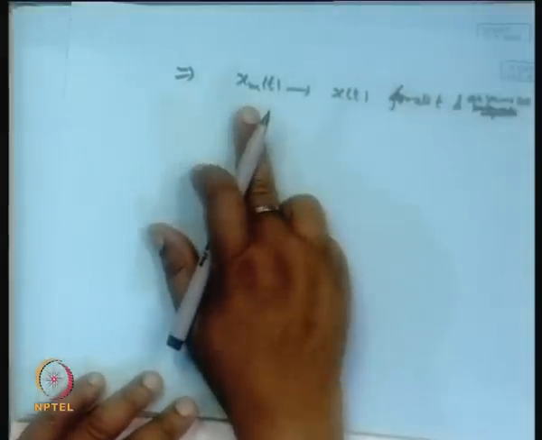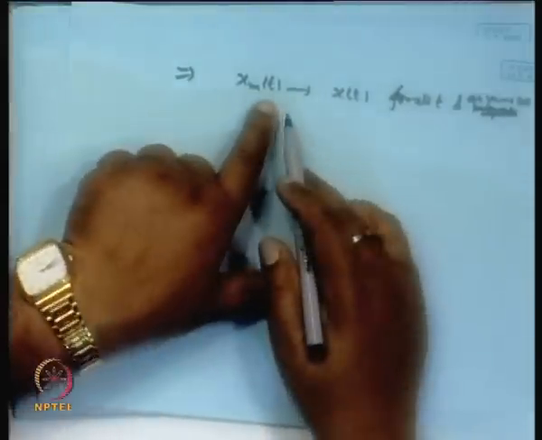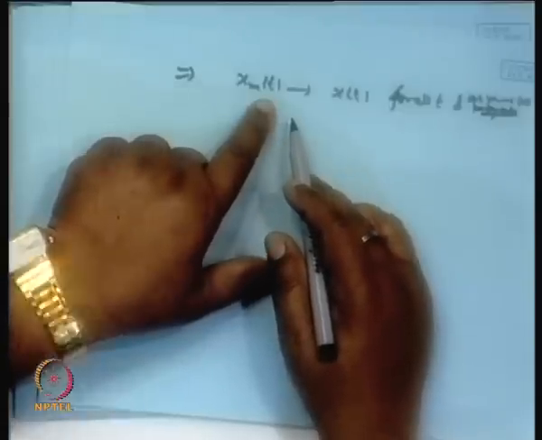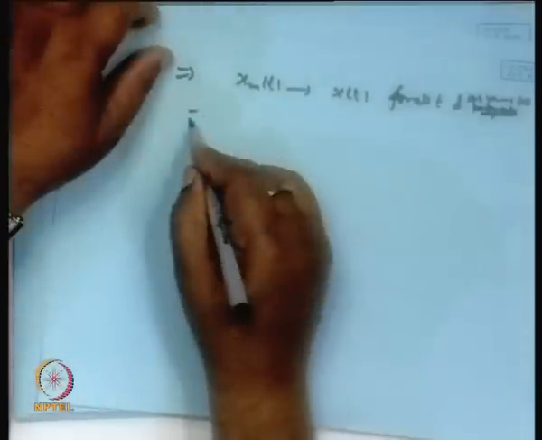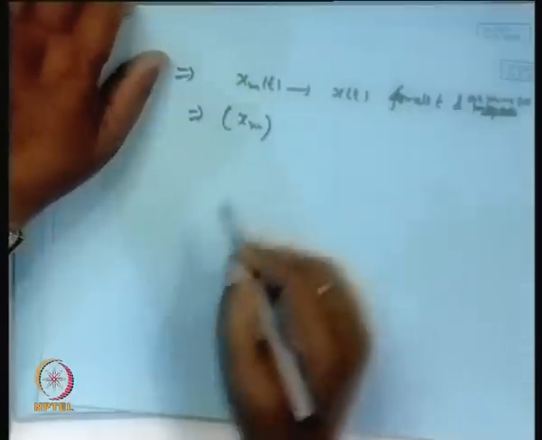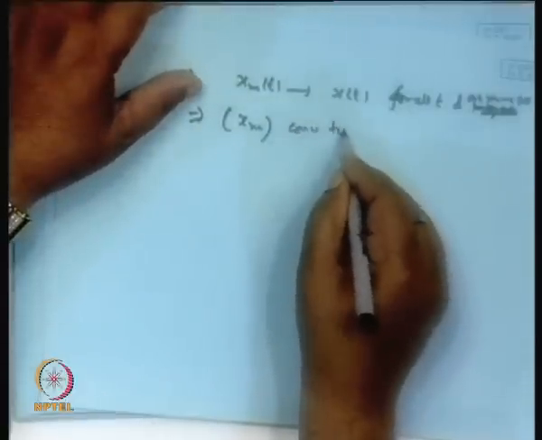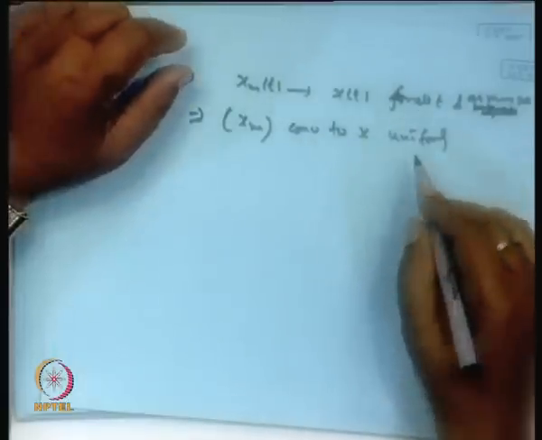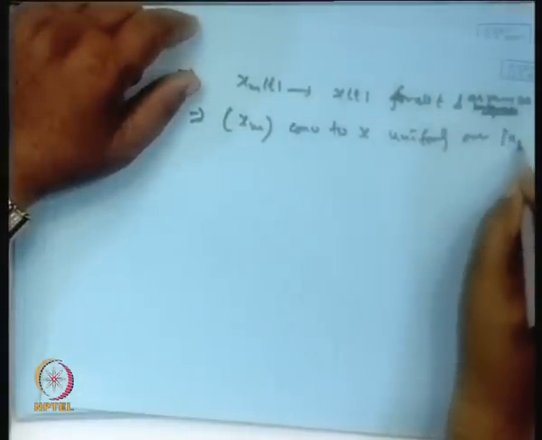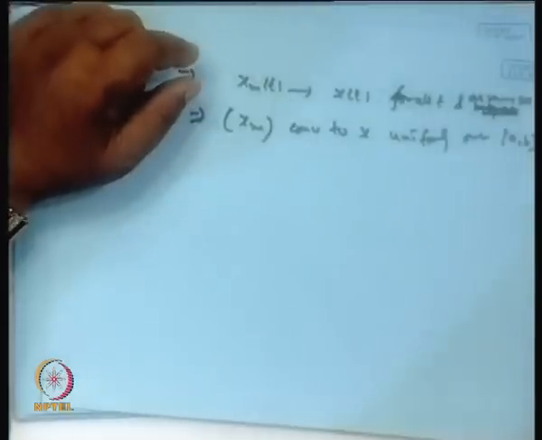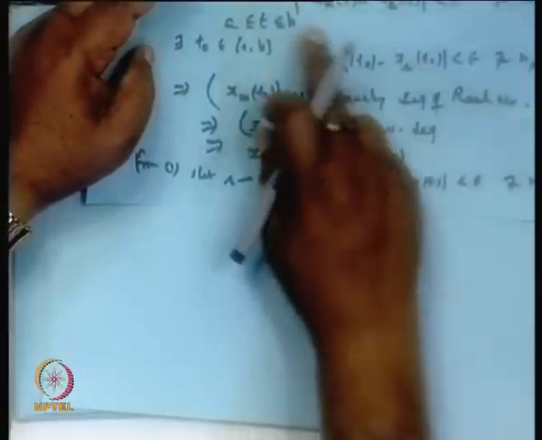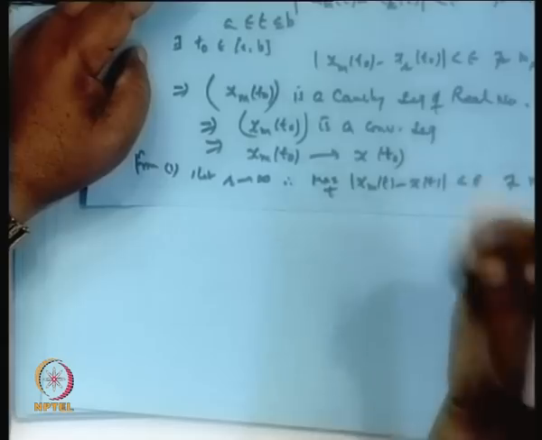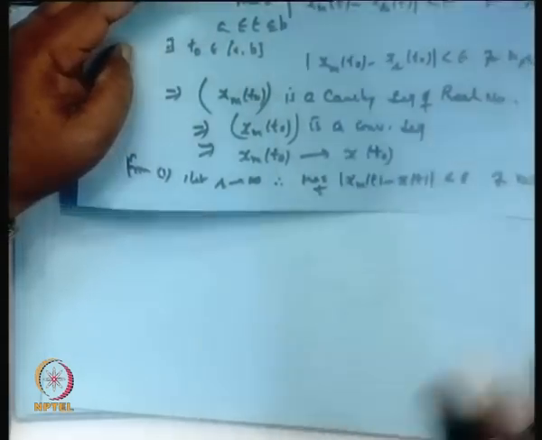It means that it is independent of t. So, the sequence x_m converges to x uniformly over the interval [a,b]. It does not depend on t. Though from here it looks pointwise convergent, because of the maximum it converges for every t, so you can say it is uniformly convergent.